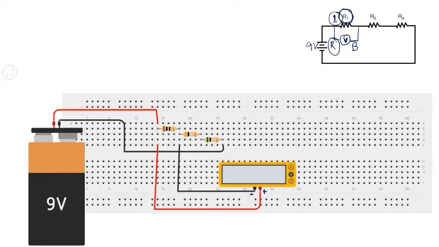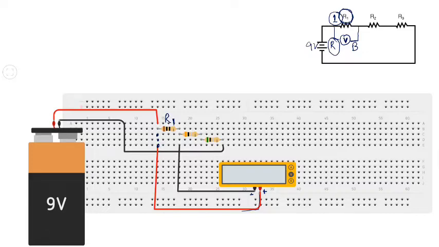Let us verify it. The red probe is connected to the terminal of resistance R1, and for connection with the first terminal of resistance R1, I only have 3 options left. So therefore I connected it here.